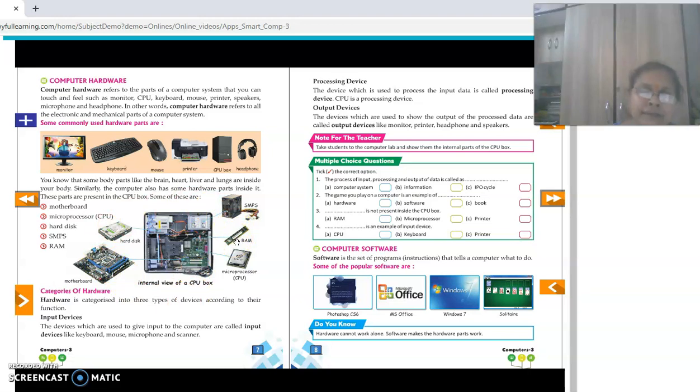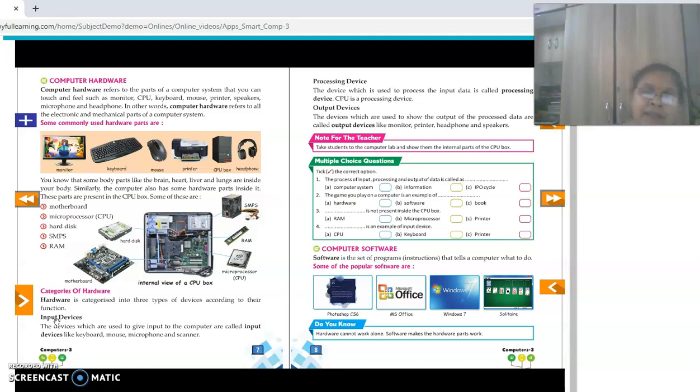Okay, children? Now, category of hardware. Hardware is categorized into three parts of devices according to their function. Input devices. Who will tell me the input device example? Just now I told you. By which you can give input to the computers.